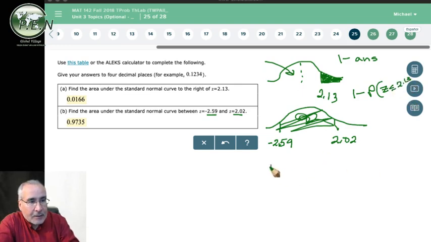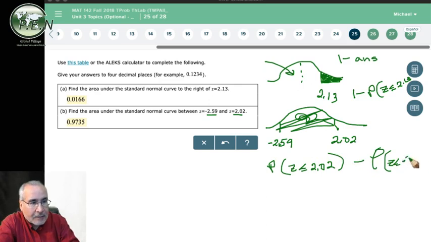And here we found the probability that z was less than or equal to 2.02, which is further to the right, and then we subtract the one further to the left, the probability z is less than or equal to negative 2.59. We just put that in the calculator. It gets us the areas, and we get the area between, and there we are. Wonderful. We're 3 more questions. Keep up the good work.